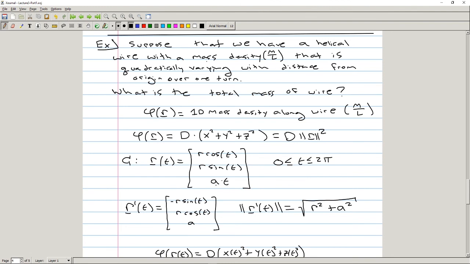So in this case, a is a rate per angle because we're using t as an angle, in radians. So maybe we should use theta here instead of t, but t works just as well. So a is at a rate, and it's measured in distance per angle.